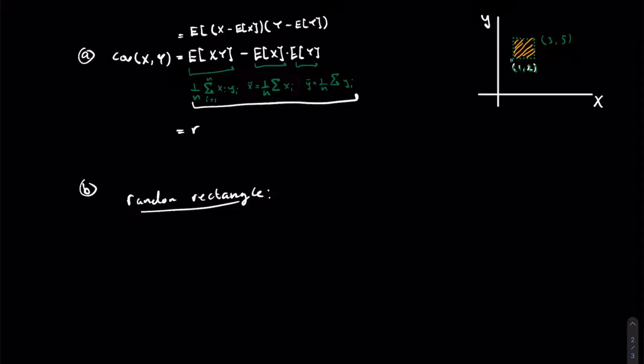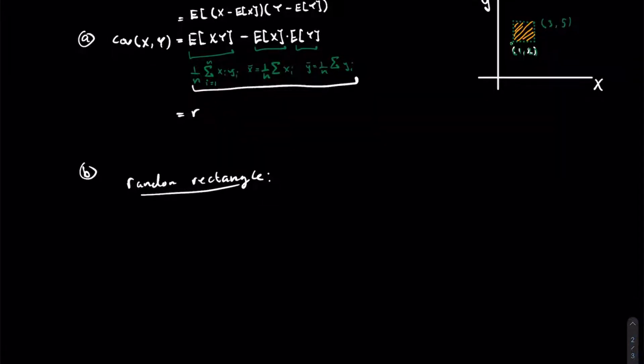Well, we're basically going to write down the expectation of x minus x tilde, y minus y tilde. We're going to multiply out.